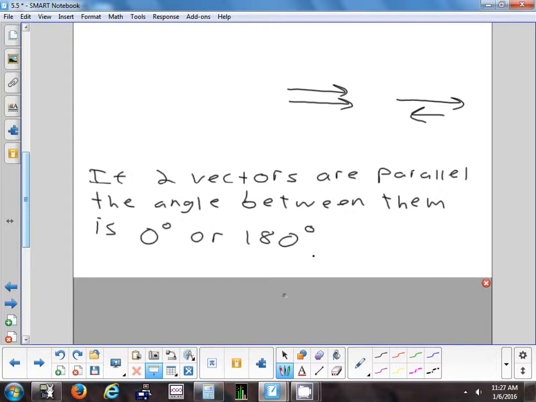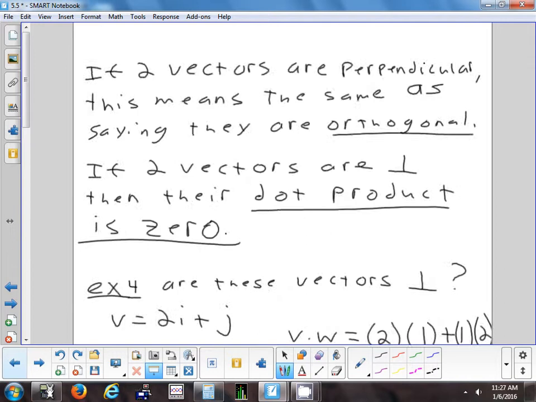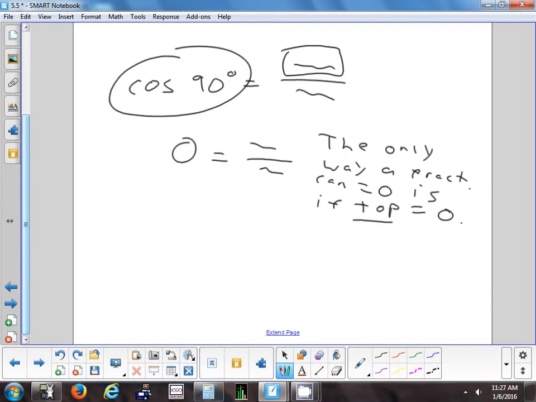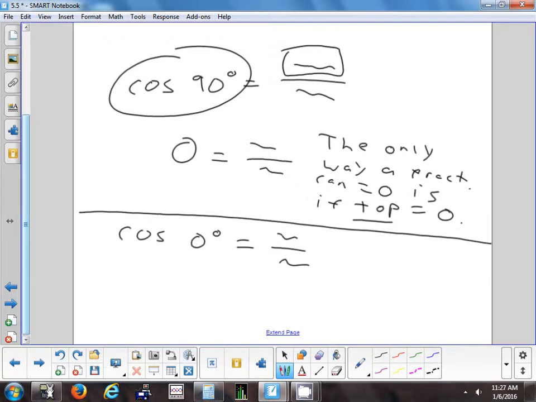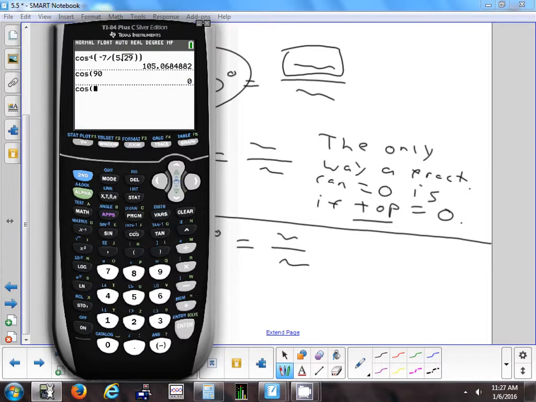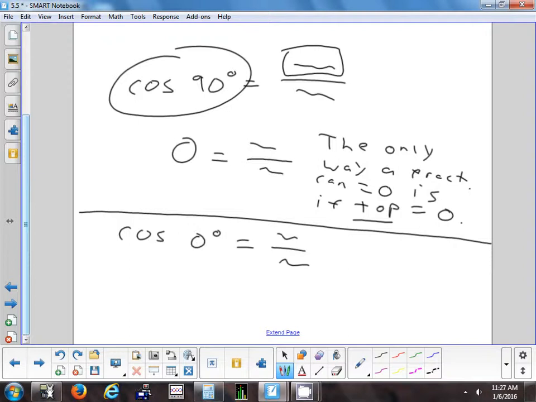Let's take the cosine of 0, just like we did cosine of 90, and see if we can get some kind of special trick this time. Cosine of 0 comes out to 1.